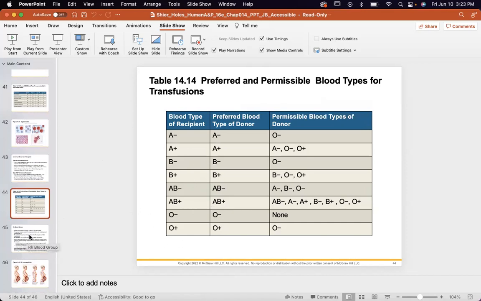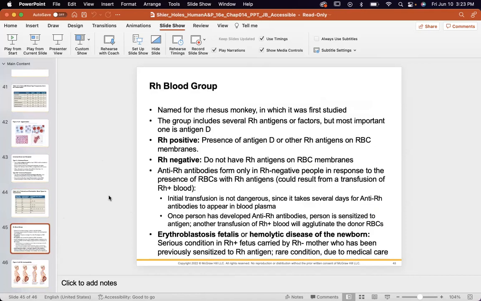Now, let's talk about this plus or minus thing. This plus or minus thing is not part of the ABO blood typing group. It's part of your rhesus group, known as RH. RH positive means that my patient has the presence of D antigen.